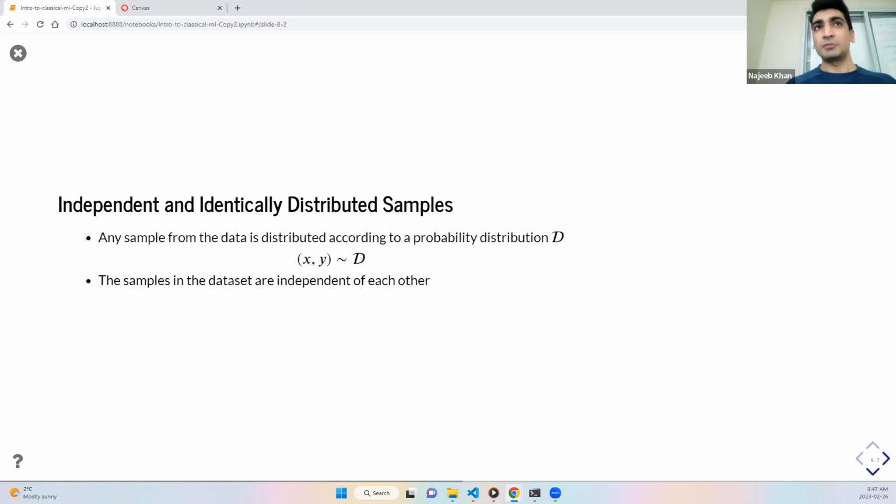So if you have a house and it has some price, then that example is independent of another house with its own price in the data set. So basically the examples in the data set are independent. In some cases these assumptions make sense, and in other cases they don't. So it's for the machine learning practitioner to keep this in mind, that if you are applying an algorithm, you should ask these two questions yourself.